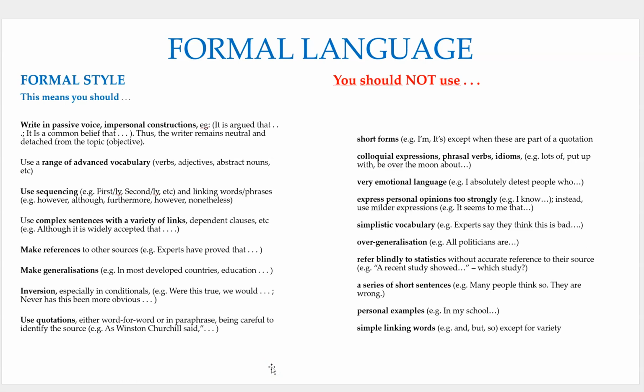Use sequencing like firstly, secondly, and so forth. However, furthermore, use complex sentences with a variety of links. Make references to other sources. "Experts have proven that," but then you need to add which experts, not just generally. You can make generalizations: in most developed countries, education, blah, blah, blah. And you can use inversions and quotations.